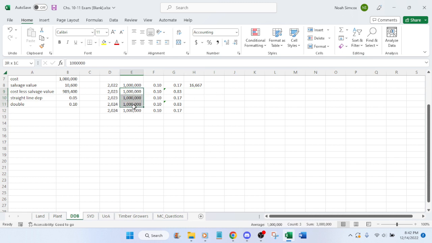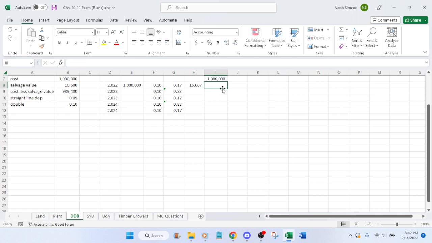And no, you can't copy this down either. What you have to do is take this, and then this equals this minus this, and then this equals this. Oh my gosh, you have to do this one at a time.